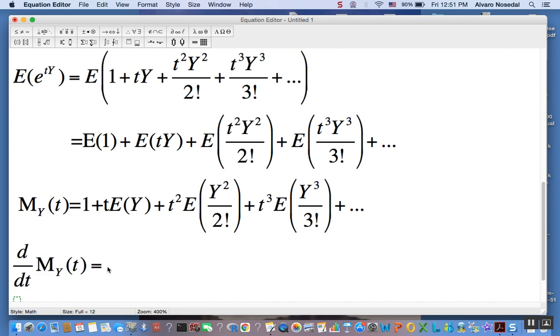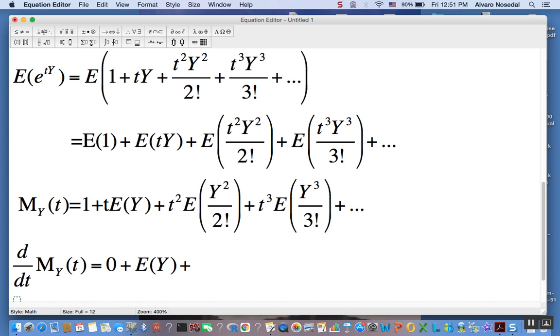The derivative of a constant is 0. The derivative of t times expected value of y, note that we're taking the derivative with respect to t, so this is 1 times expected value of y.